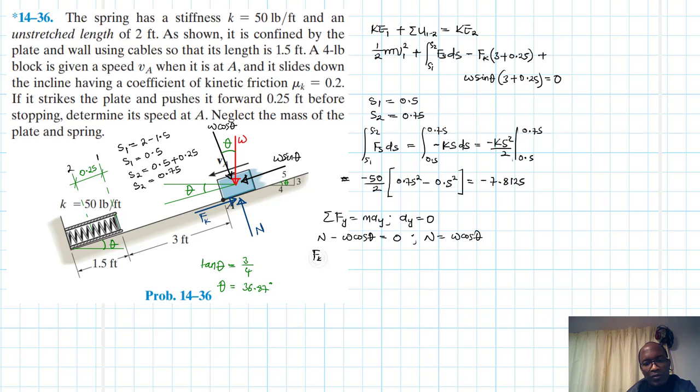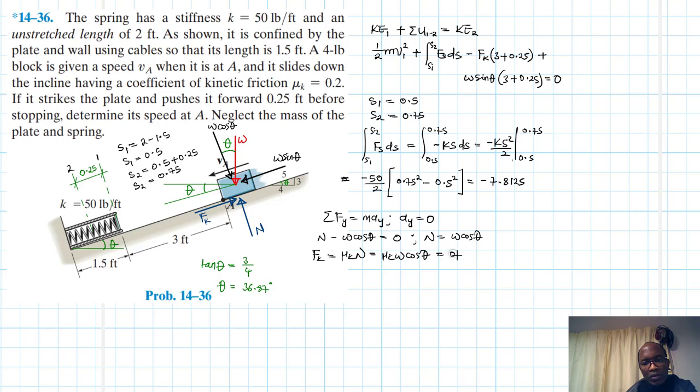And we know that Fk is nothing but equal to mu k N, which is just equal to 0.2 times W. So this just becomes mu k W cos theta.